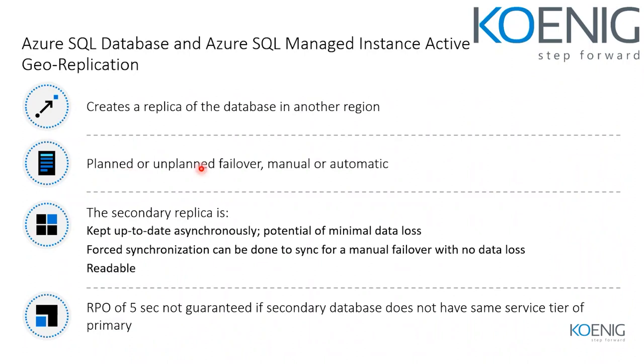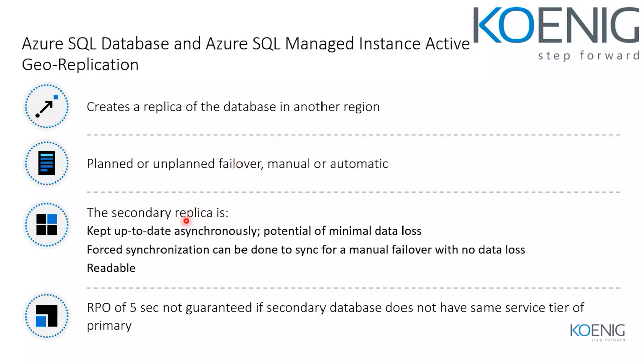Unplanned failover is when any disaster occurs, any natural calamity or technical disaster, meaning anything happens with the source. Manual is a planned failover. Automatic means unplanned failover: if something happens, it automatically fails over to another region in Azure. This way we can protect our Azure SQL Database or Azure SQL Managed Instance.